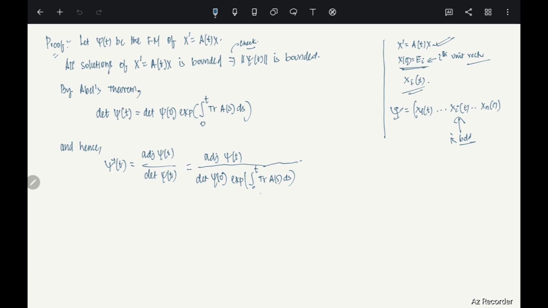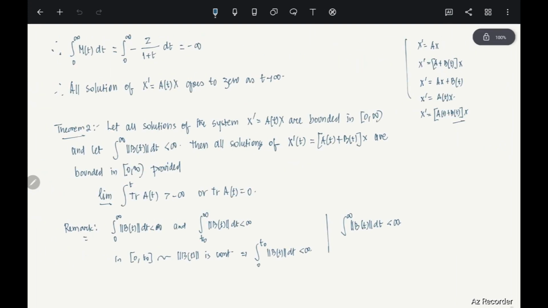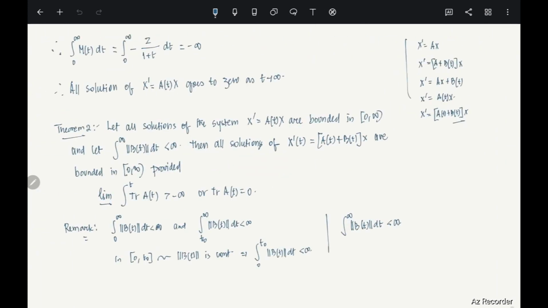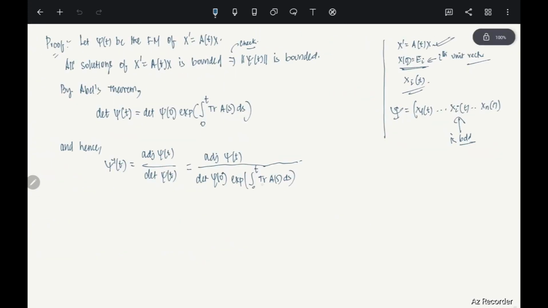If this is 0, it is basically the adjoint of Φ(t) divided by the determinant of Φ(0). And if it is greater than minus infinity, then also this is going to be bounded. Therefore, one can say that the norm of Φ inverse of t is bounded.